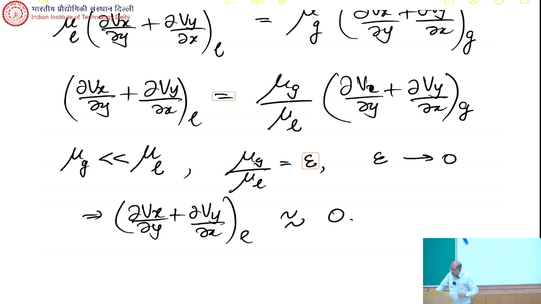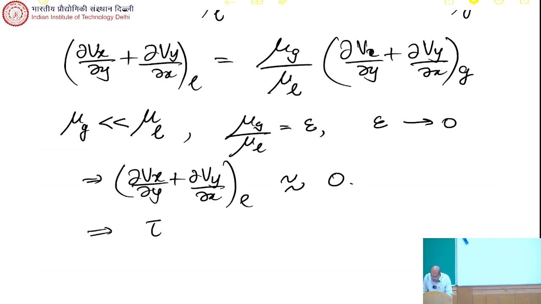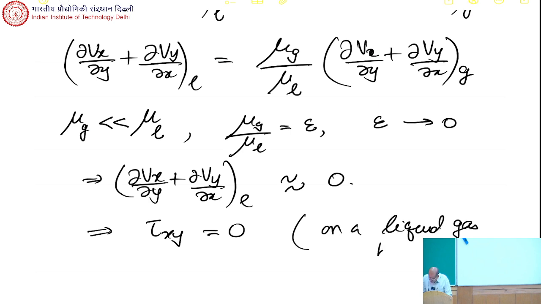So therefore, this boundary condition translates to the shear stress is 0 on a liquid gas boundary. Therefore, the shear stresses by themselves will be of a very small order of magnitude, because the velocity gradients on both sides, liquid side or gas side, the velocities are anyway equal and the gradients don't vary that much. So therefore, the shear stress itself on the boundary where we have highly varying viscosities is nearly 0.